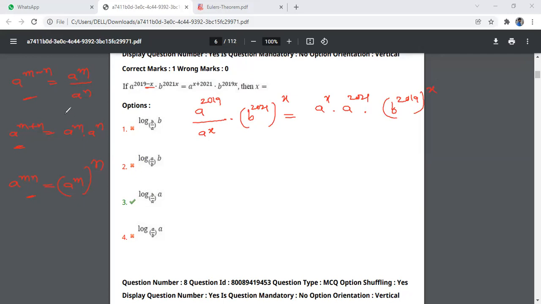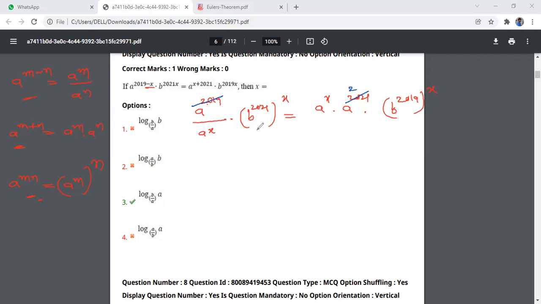Now if you see here, this is a power 2019, this is a power 2021. So if this value comes this side, here it is multiplying, so it will become division. So division means we can cancel each other. Therefore here a power 2019, a power 2021, only a square will be there.